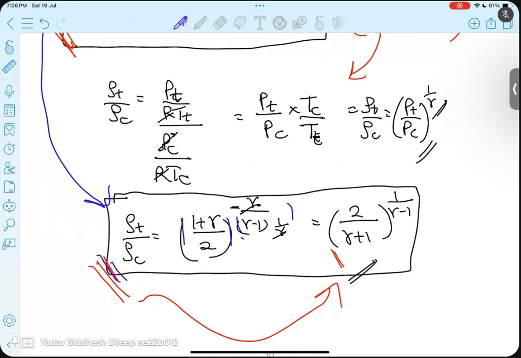So you get the rho T by rho C. It is gas dynamics, nothing else. Again, the derivation is quite complicated, but you can always trace it.